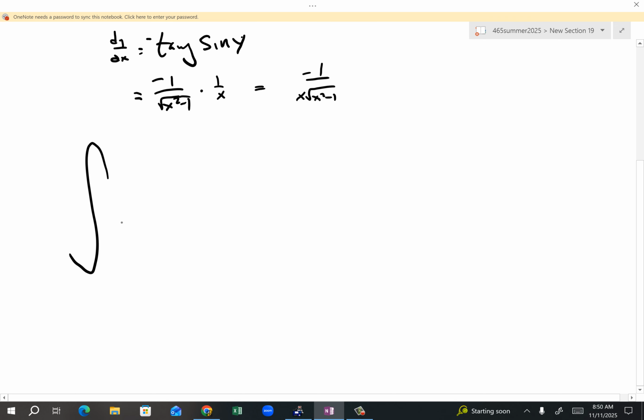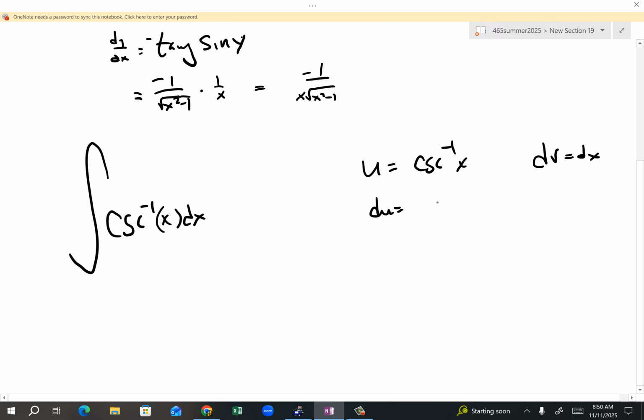So if you want to take the integral of the arc cosecant, then u is arc cosecant, dv is dx, du then is, of course, that mess. Well, couldn't I just look it up in that table?